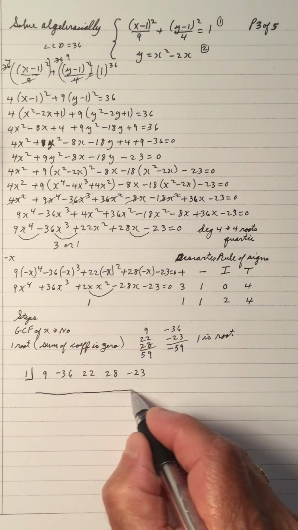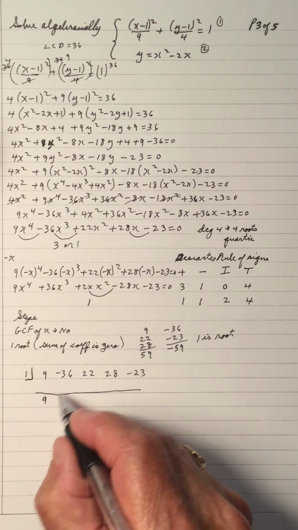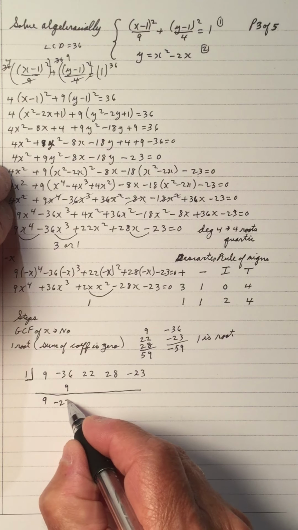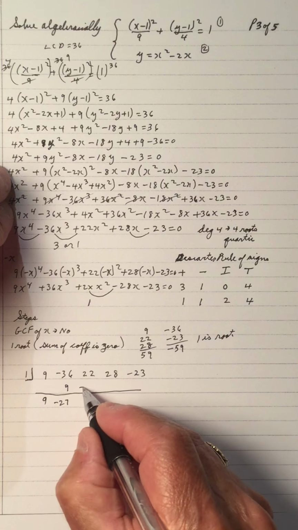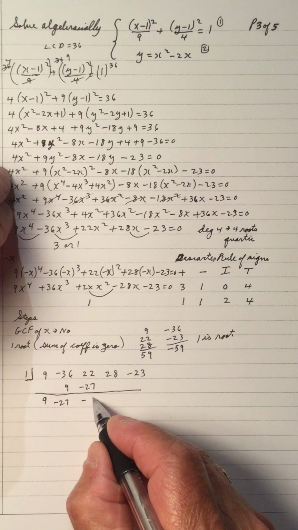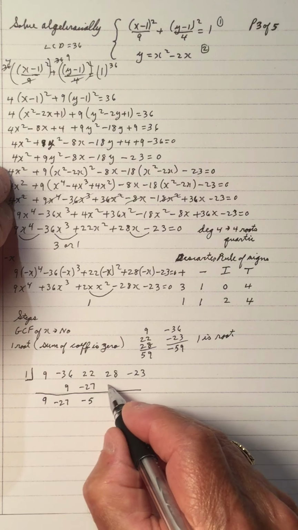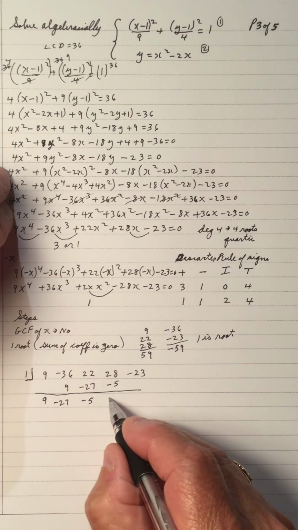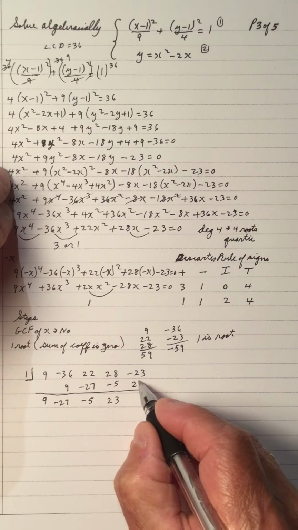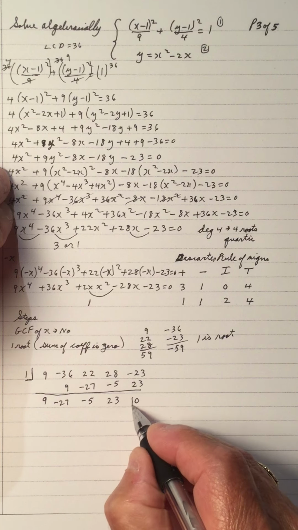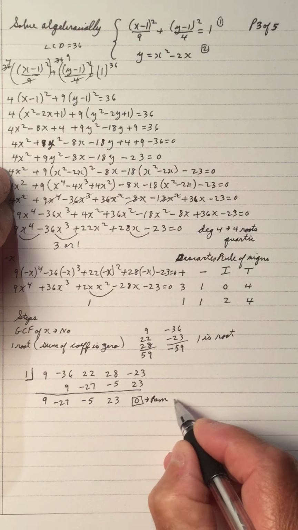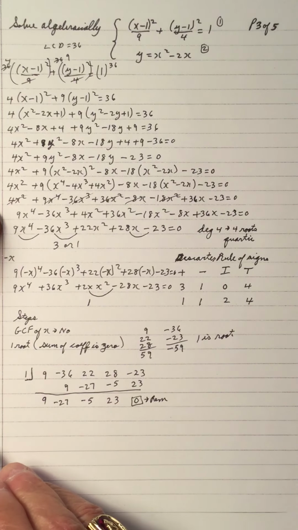I draw a line, bring down the 9, multiply. 1 times 9 is 9, add, and I get a negative 27. 1 times negative 27 is negative 27, add, and I get a negative 5. Multiply 1 by negative 5, I get a negative 5, add, and I get 23. Multiply, 1 times 23 is 23, add, and I get a 0. And I always put that, that's my remainder. So if my remainder is 0, 1 is a root.